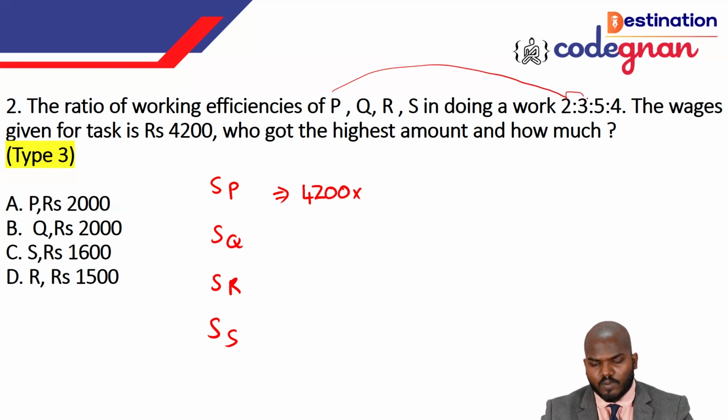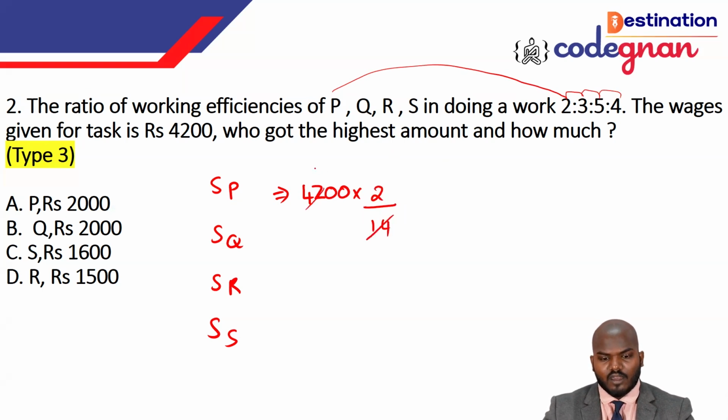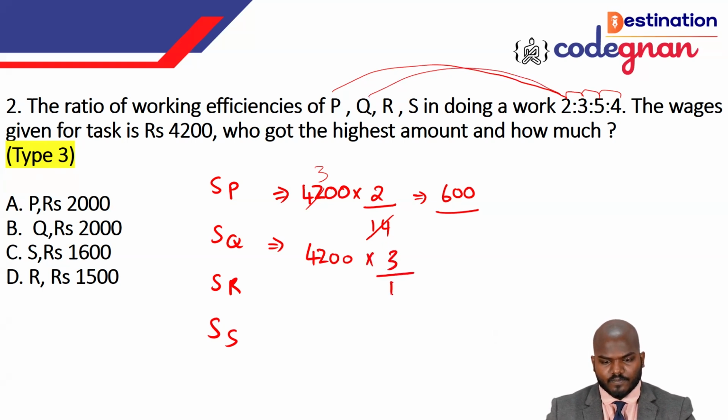If you sum up the ratio, 2 plus 3 is 5, 5 plus 5 is 10, 10 plus 4 is 14, so P's share is 2 by 14 of 4200. 14 times 3 is 42, multiplying that gives 600. Okay, going to Q. Q is 3 by 14 of 4200, and multiplying it gives 900.